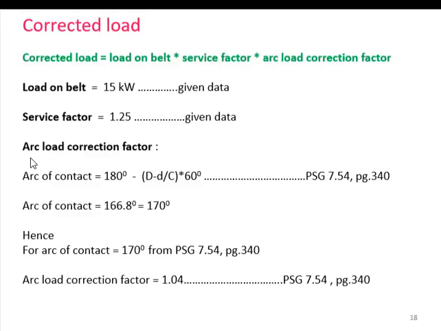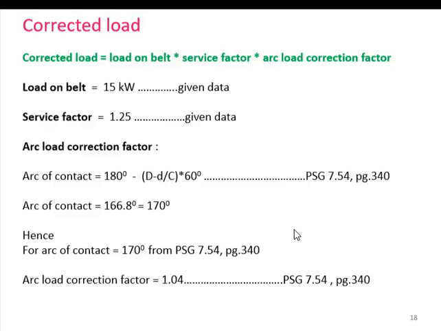We need to find out what is arc load correction factor. Arc load correction factor depends upon the parameter called arc of contact. Since we know the arc of contact by this formula, which is there in 7.54, we can substitute the values, and the arc of contact comes around 166.8 degrees. We can round it off to 170 degree.